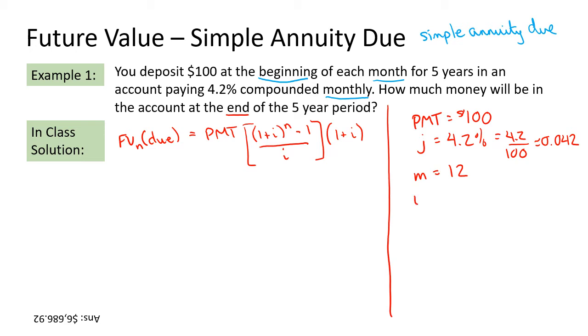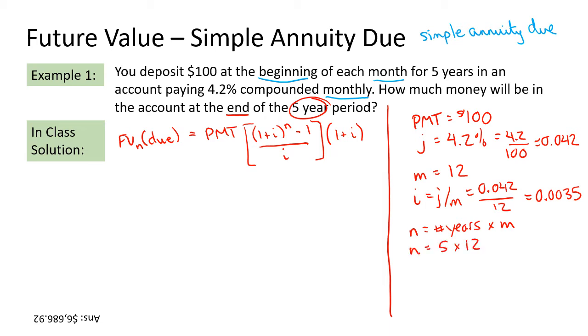So your periodic interest rate, i, is equal to j divided by m, or 0.042 divided by 12, which gives you 0.0035. Last item you need is n, the number of years times the number of periods per year. In a simple annuity, the compounding frequency and the payment frequency are the same. It was given in the question that it was 5 years, so n is equal to 5 times 12 payments a year because it's monthly, which gives you 60.